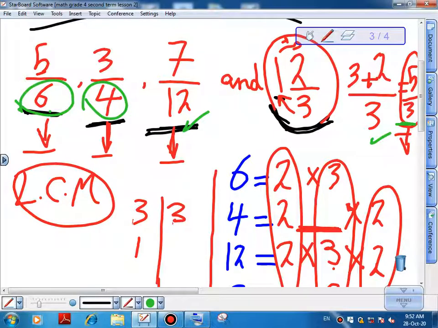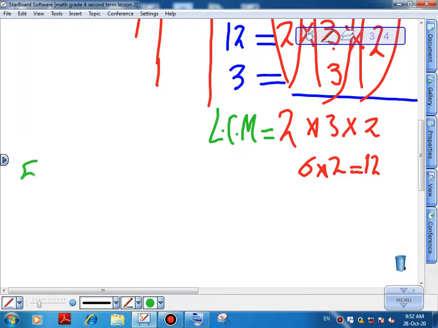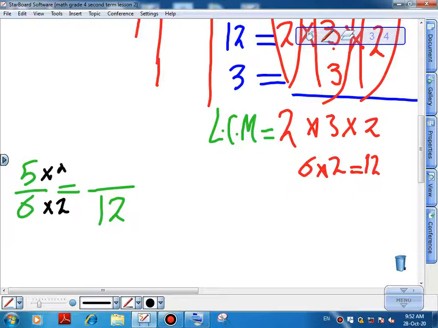The first one, 5 over 6 to be over 12. We multiply both of the numerator and denominator by the same number, which is 2. 2 times 5 equal to 10. 2 times 6 equal to 12.